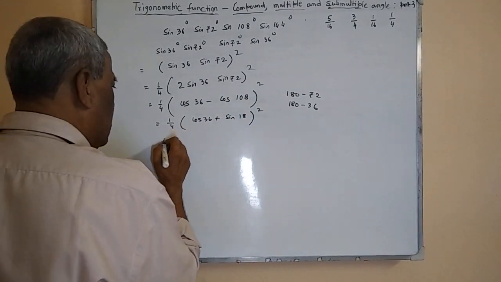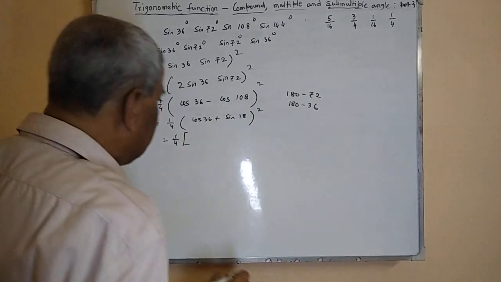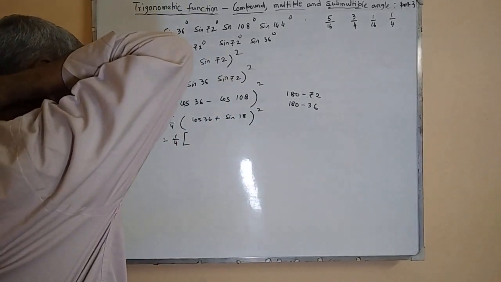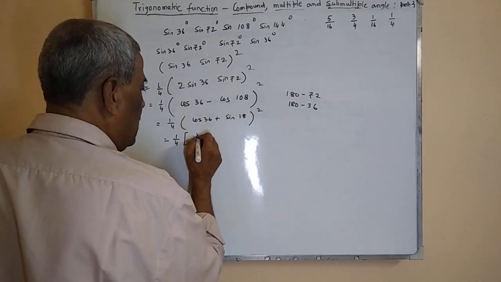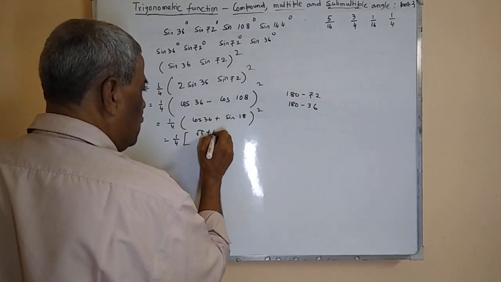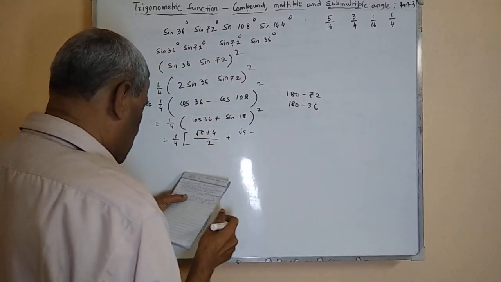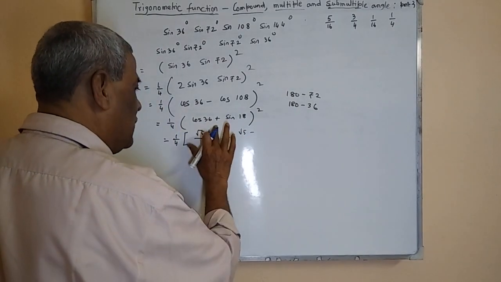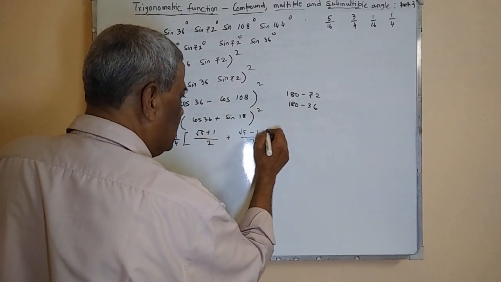So it is equal to 1 by 4 into cos 36 degree plus sine 18 degree, whose results are known to us. It is root 5 plus 1 by 4 plus root 5 minus 1 by 4, that whole square.